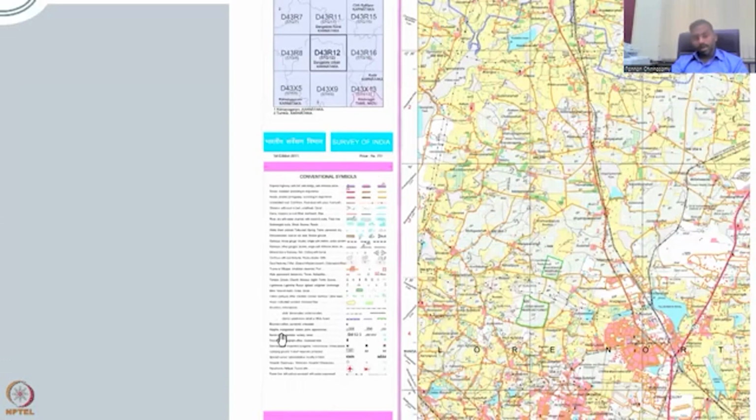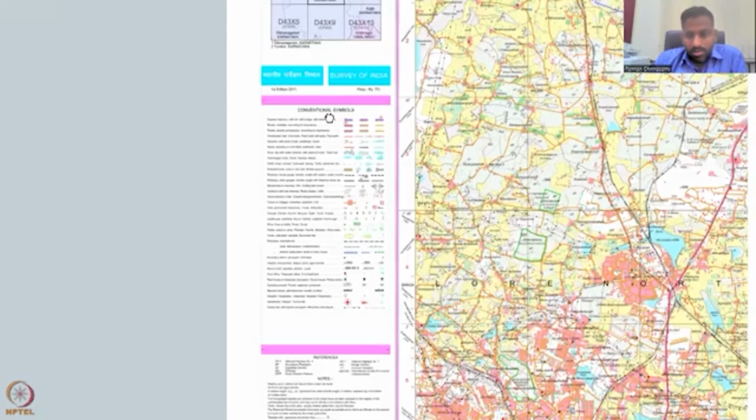This is what is called the legend, showing what each color or symbol represents. Here you have boundaries, and then railways, roads, train tracks, etc. Then you have airports, helipads, and post offices. All these are marked on this map.